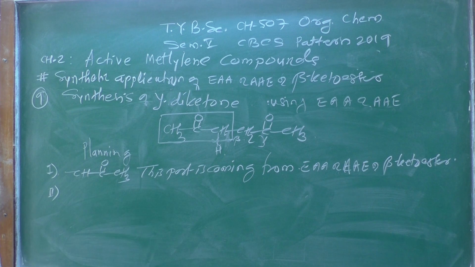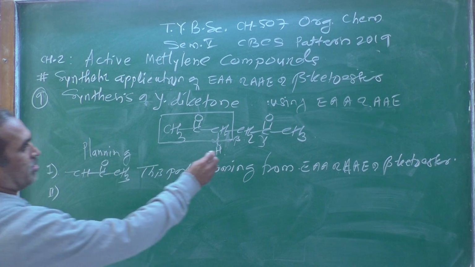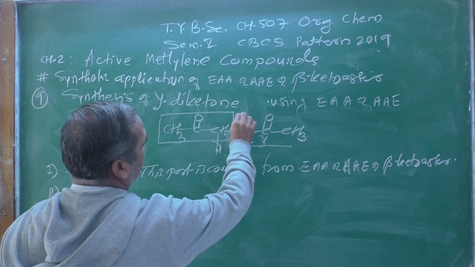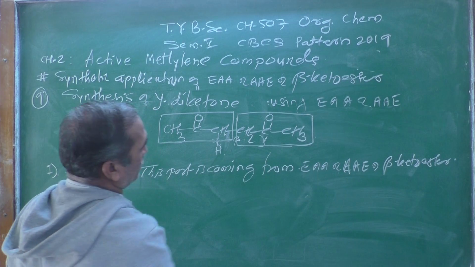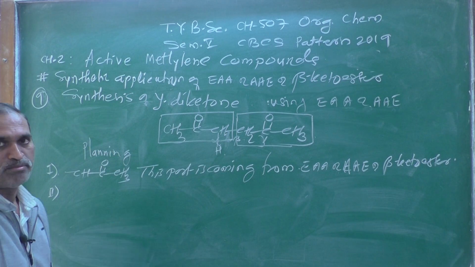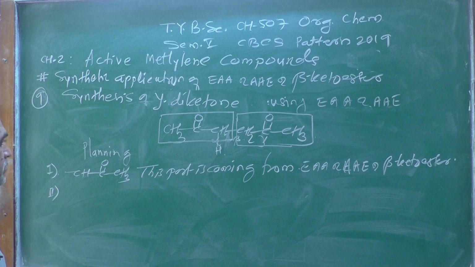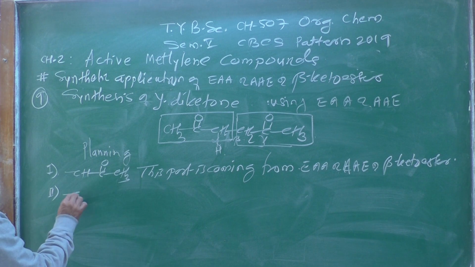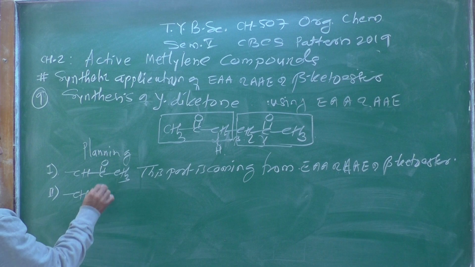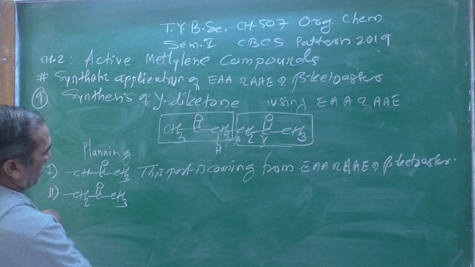The second point which we are mentioning over here, this one. Another part, if you see this part carefully, which I have highlighted here, this one, CH2, C double bond O, CH3.